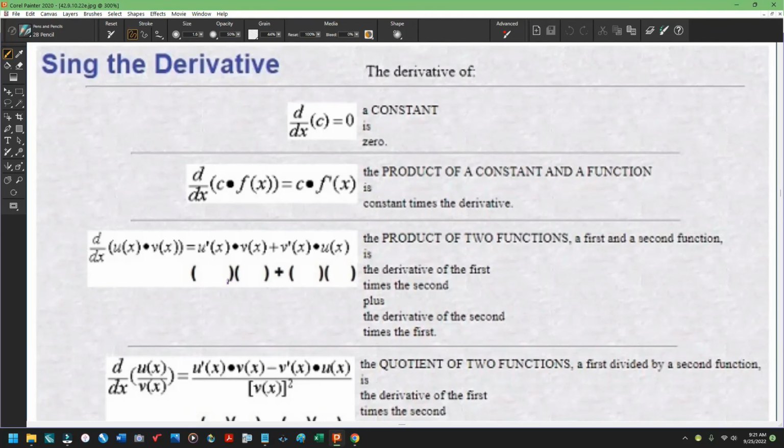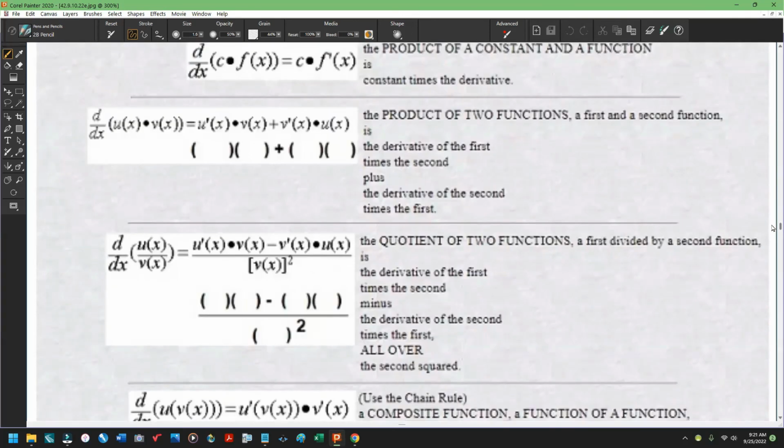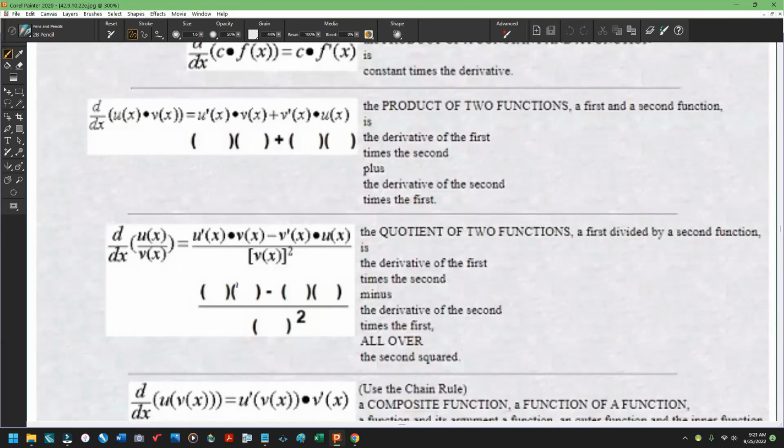The derivative of the first times the second plus the derivative of the second times the first, or the quotient: the derivative of the first times the second minus the derivative of the second times the first, all over the second squared.